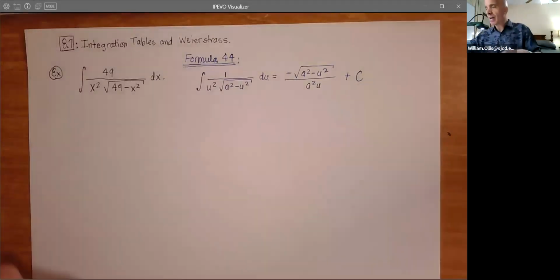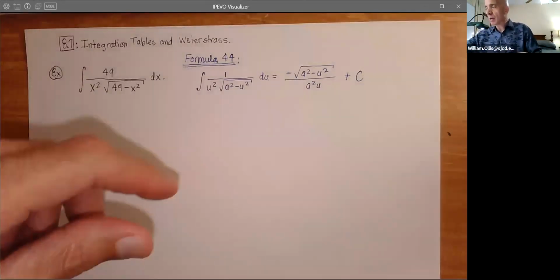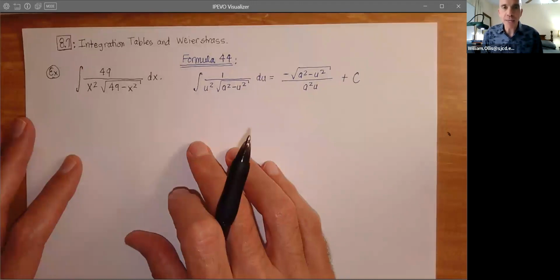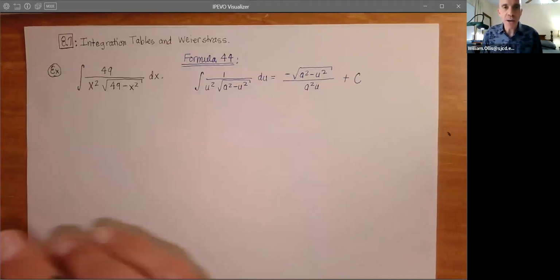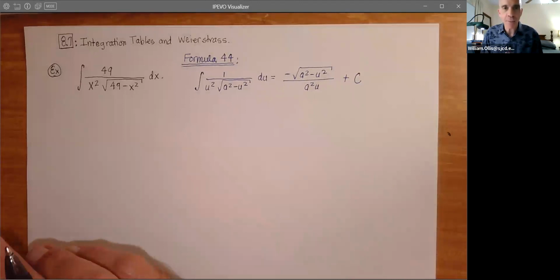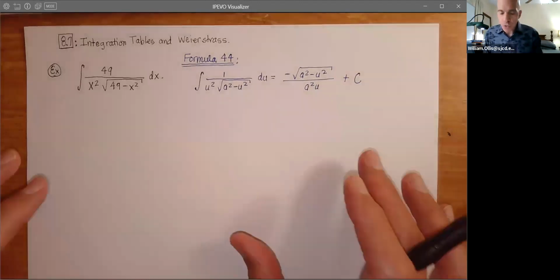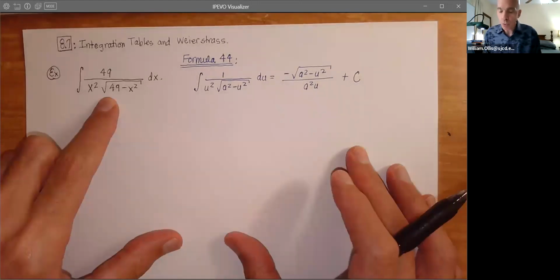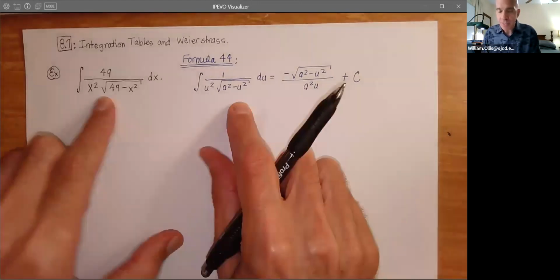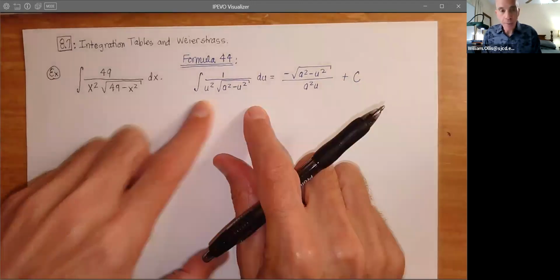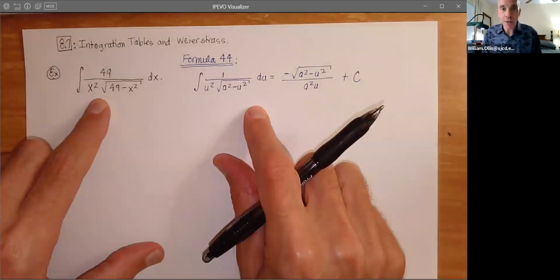But those were kind of quick, and I want to make sure that this technique is something you understand. So I want to do several examples of these, and then do the Weierstrass substitution, and then make our way to the indeterminate forms. The very first one is this particular integral. I've written down the formula, which I just showed you, that matches this integrand.